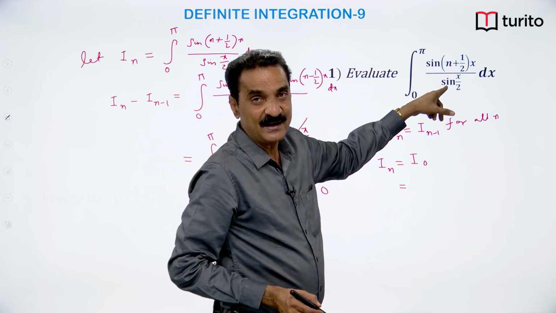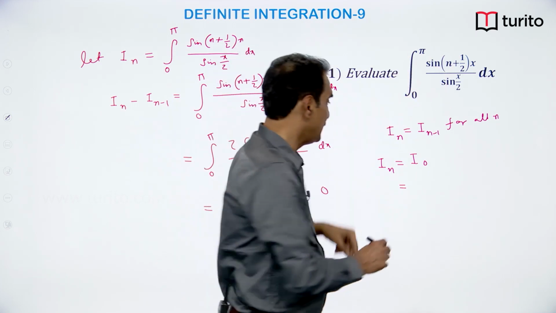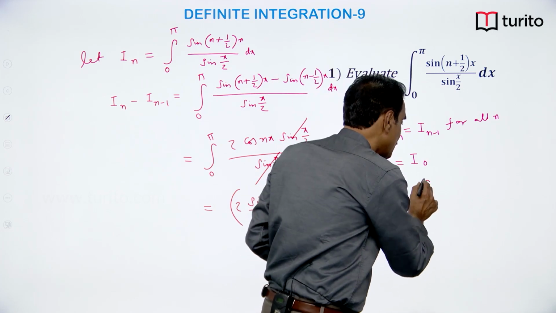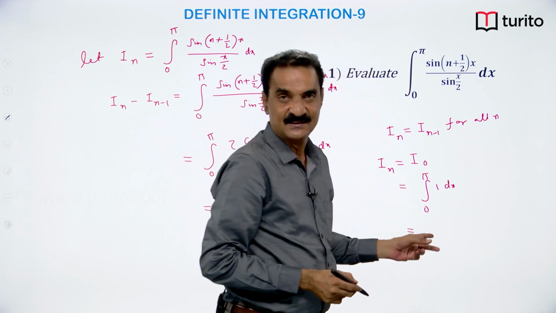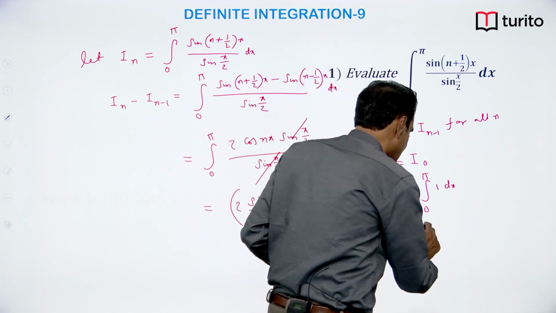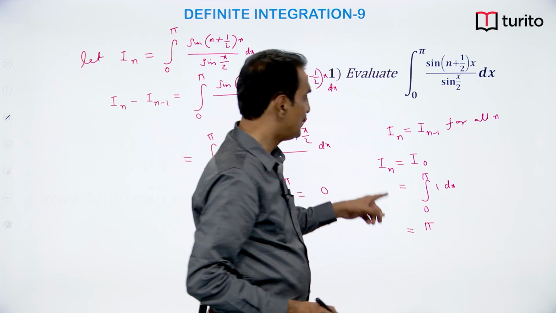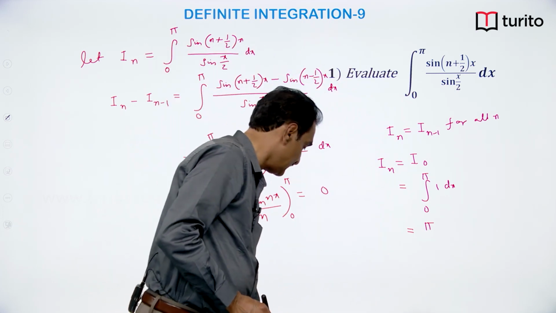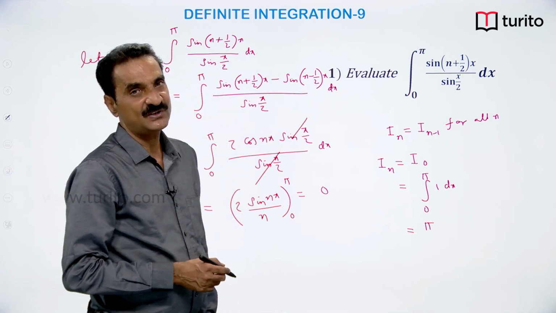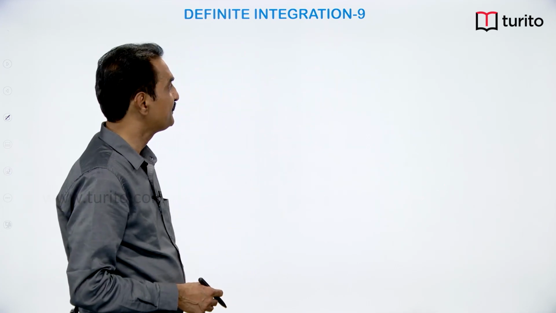Sin x by 2 by sin x by 2 will become 1, integral 0 to pi 1 dx. Integral of 1 is x, and substituting the limits, you will get pi. So, the value of this integral is pi, and we will solve similar questions with almost the same approach.